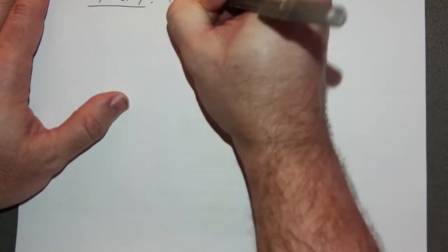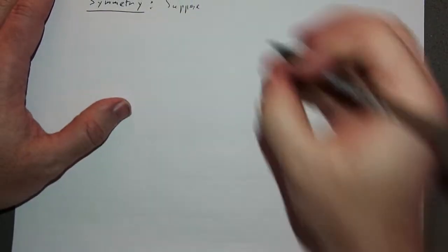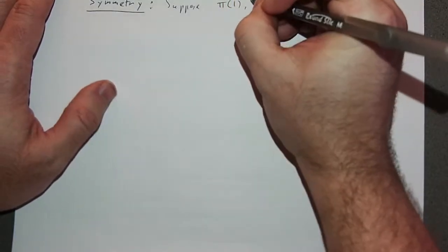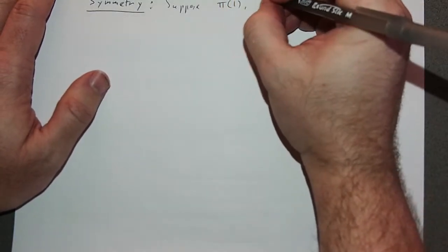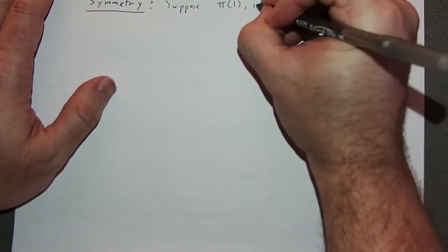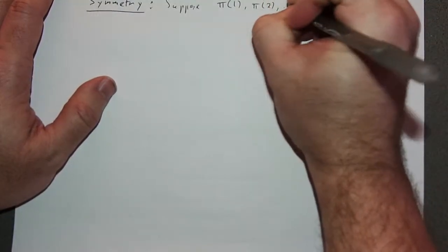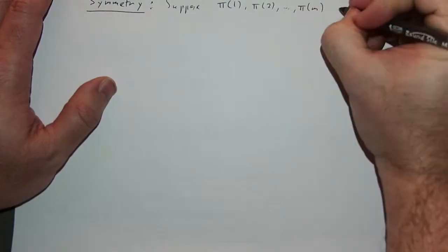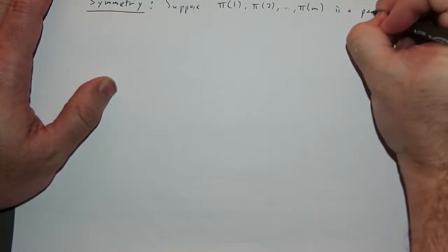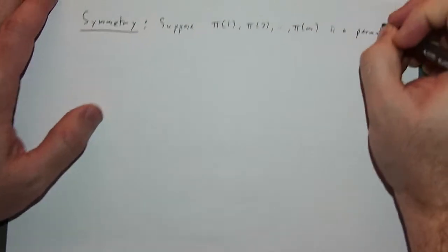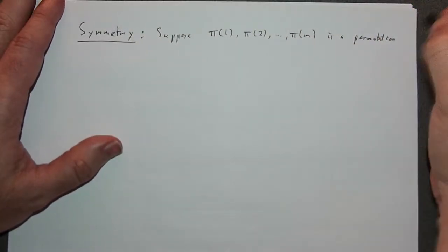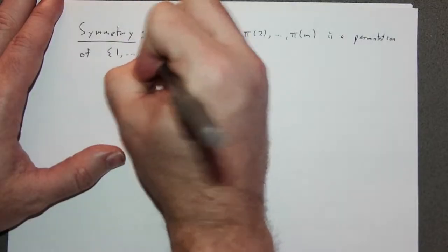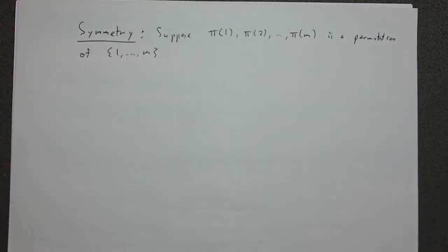Let's suppose that pi is a permutation of the set 1 through m, so we have image elements pi 1, pi 2 out to pi m. So suppose this is a permutation of the set with m objects in it labeled 1 to m.